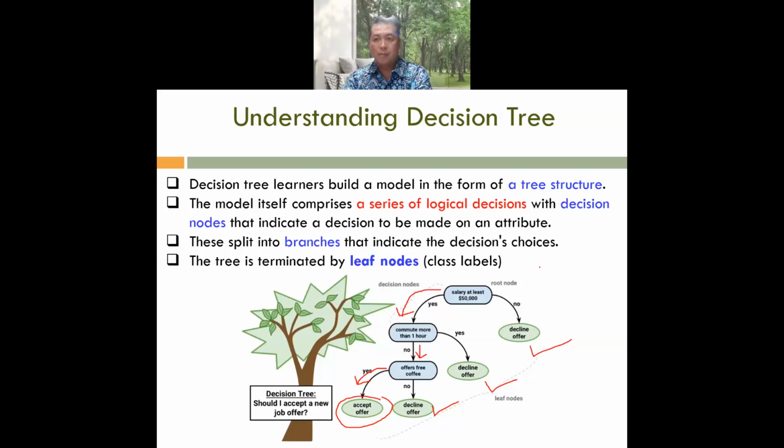So two issues here. The first is what feature you want to use, because you may have several features, right? And then what are the values of the feature that you want to use in order to split your data into sub-partitions.